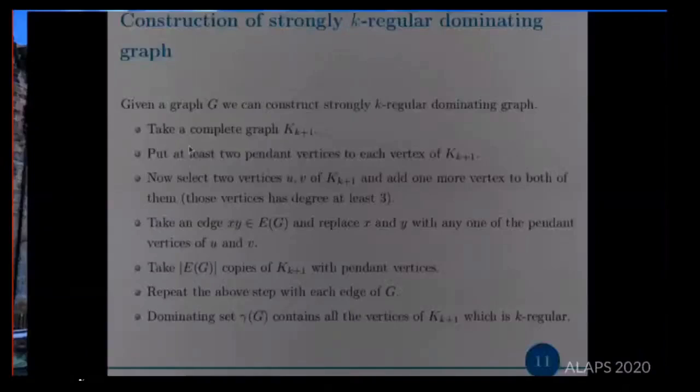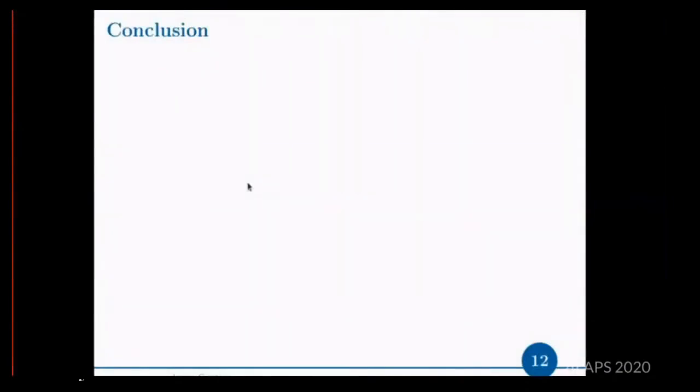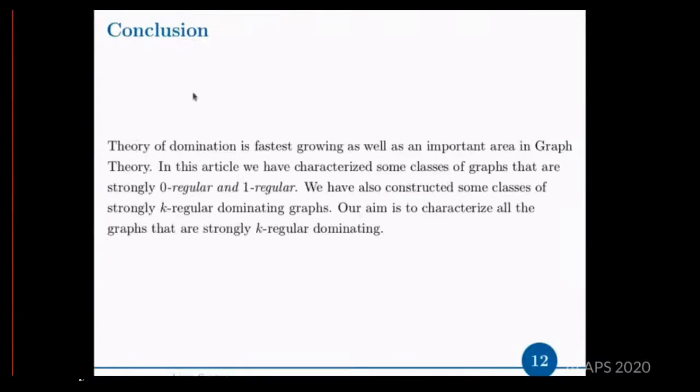Now moving forward, I would like to conclude my talk by saying that the theory of domination is the fastest growing as well as an important area in graph theory. Here we have characterized some classes of graphs that are strongly zero regular and one regular.